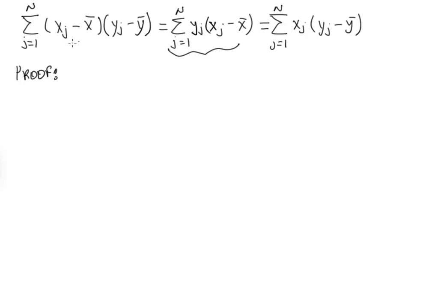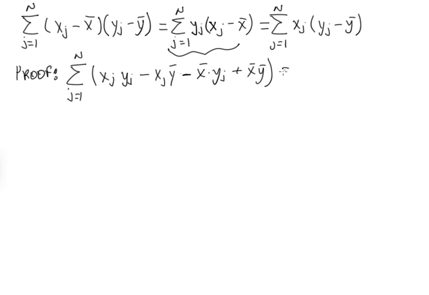Now let's open the brackets and expand this expression. I think that's the easiest starting point. Let's multiply them out. So this would be xj yj minus xj times y bar, minus x bar times yj plus x bar y bar.